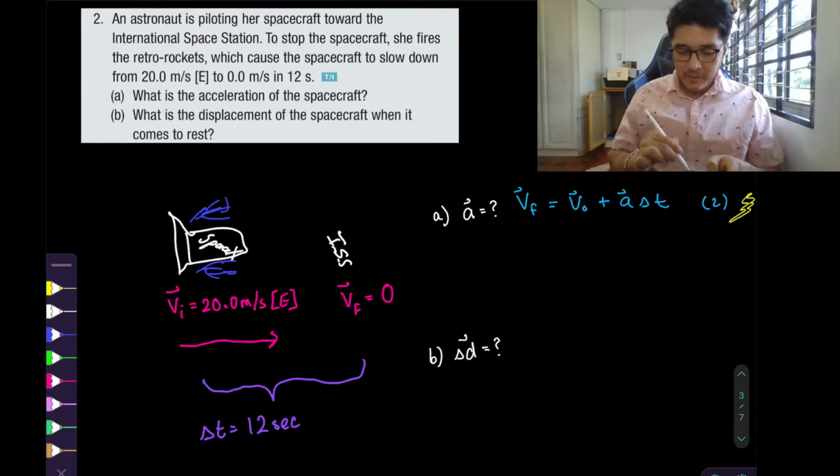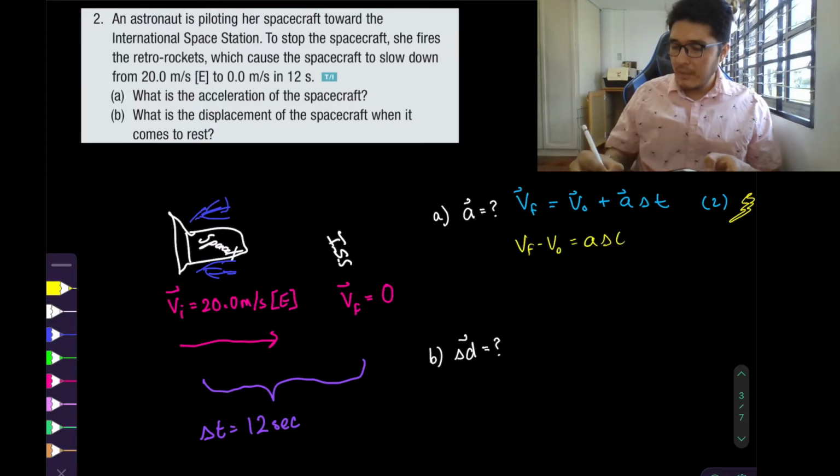So let's rearrange this equation. V final minus V initial equals a delta t. I brought the initial velocity to the left side. And to find acceleration, I just divide both sides by the change in time.